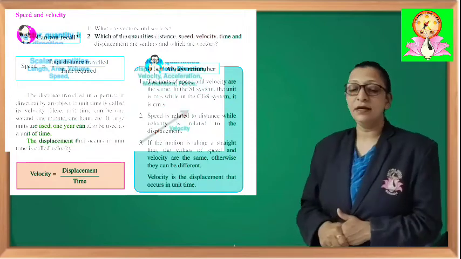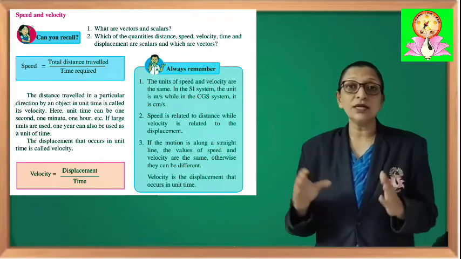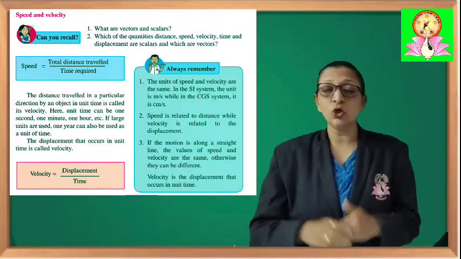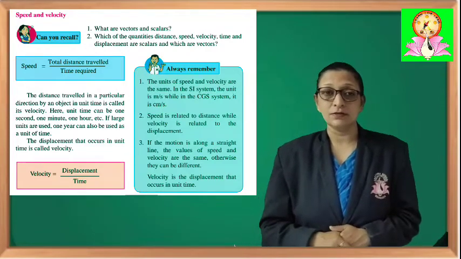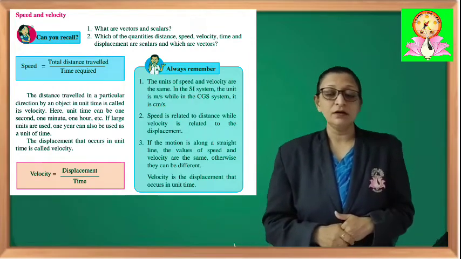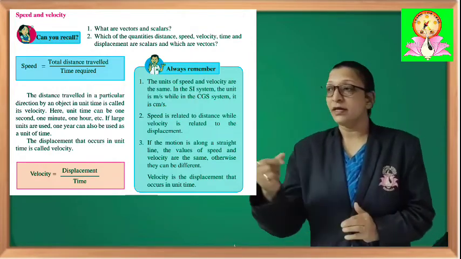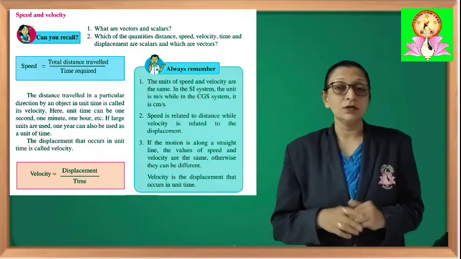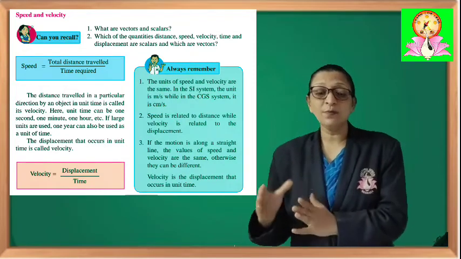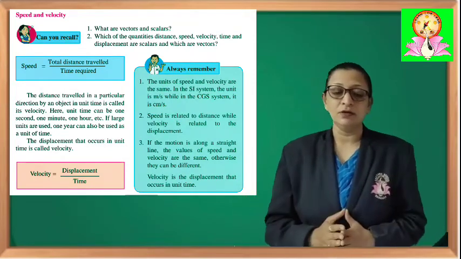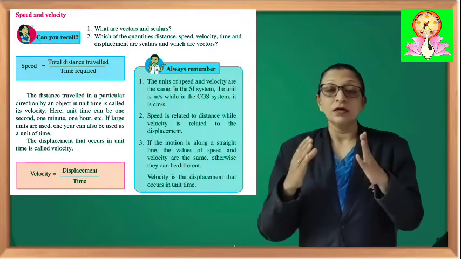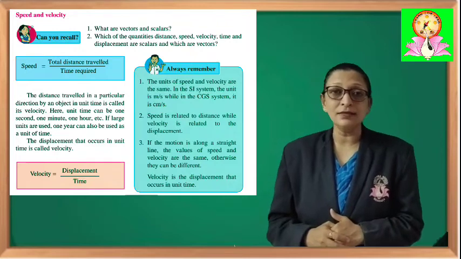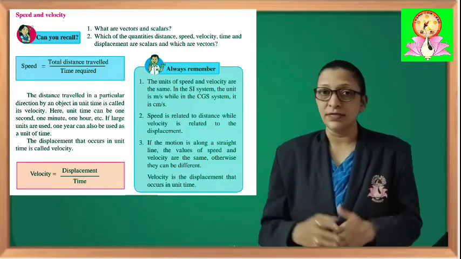Speed can be calculated as the total distance covered by an object divided by the time taken to cover that distance, and the displacement taking place in unit time is called velocity. The distance travelled by an object in a particular direction in a specific time is called velocity.